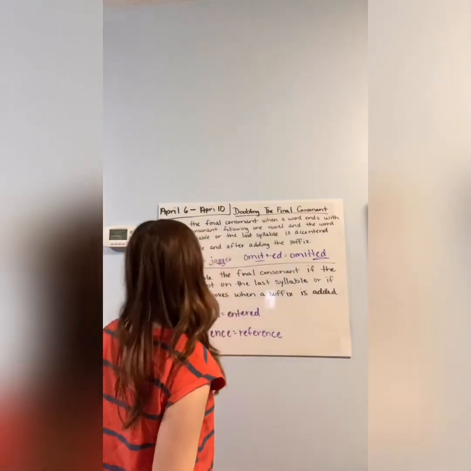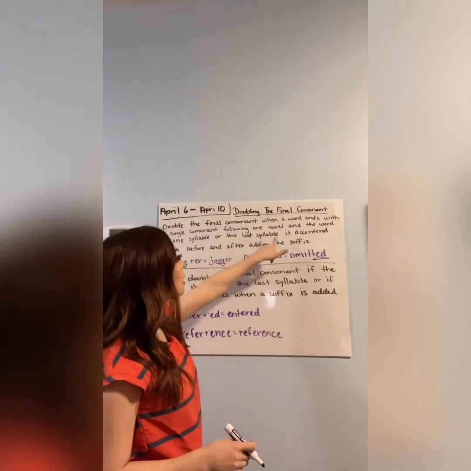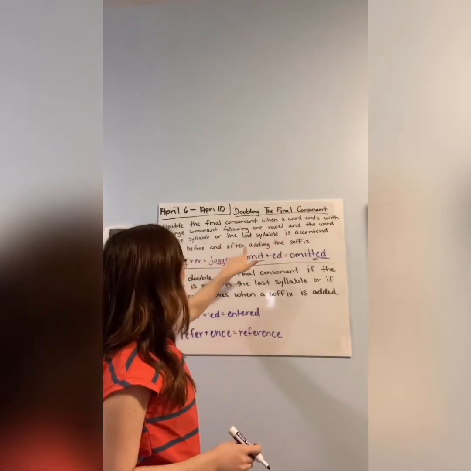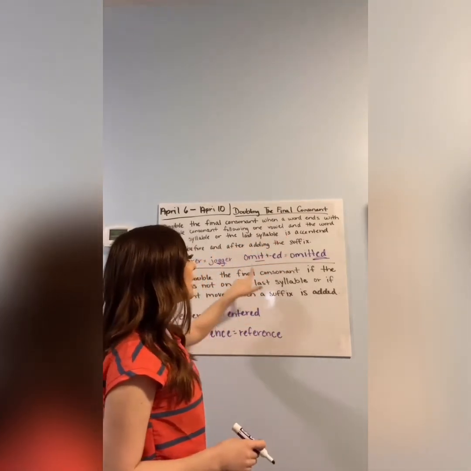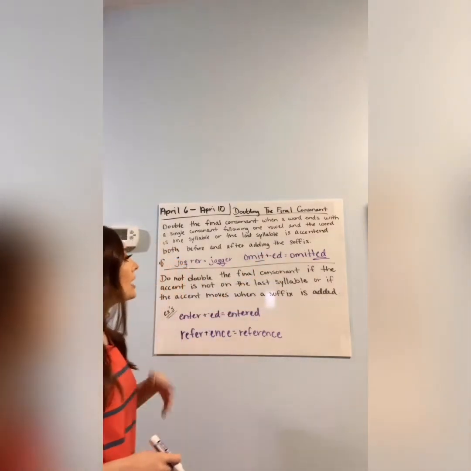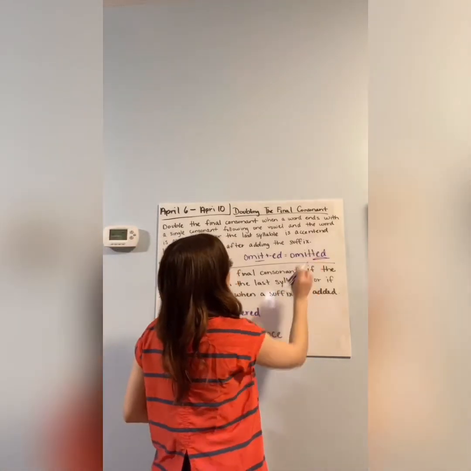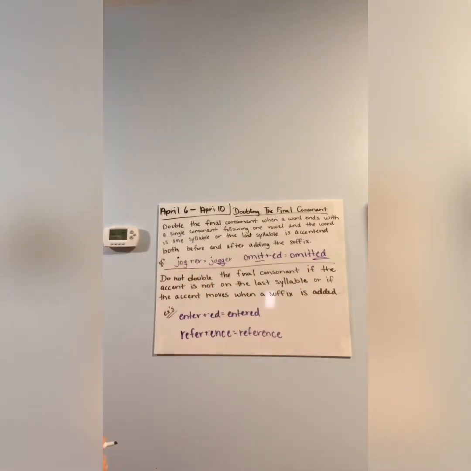That's our accented syllable. So the last syllable is accented both before and after adding the suffix, and that's what happened in the case of omitted. So that's when we would also double the final consonant. We doubled the T in this case, so that was our final consonant.